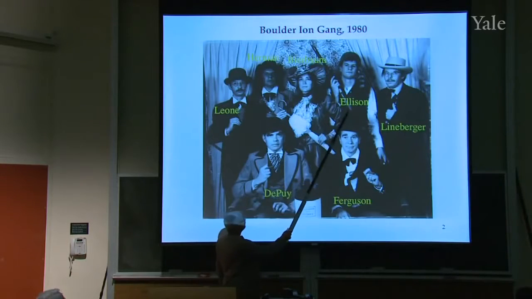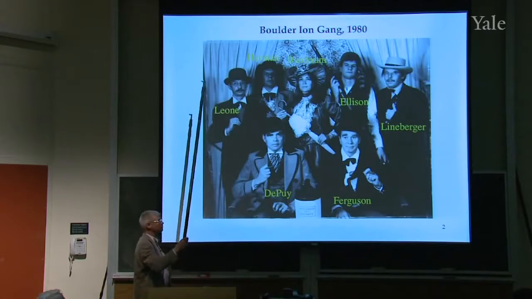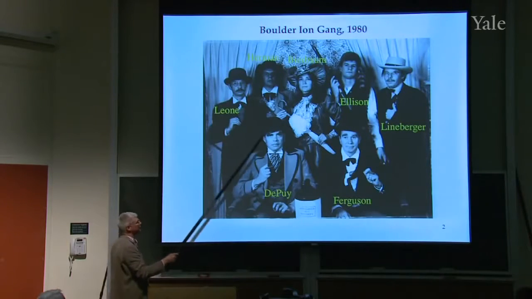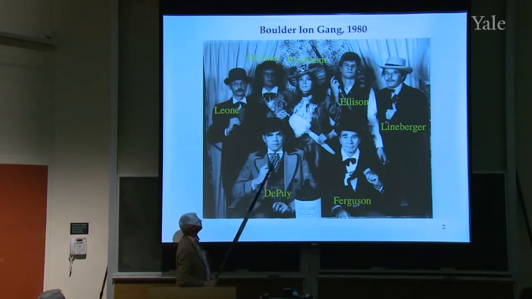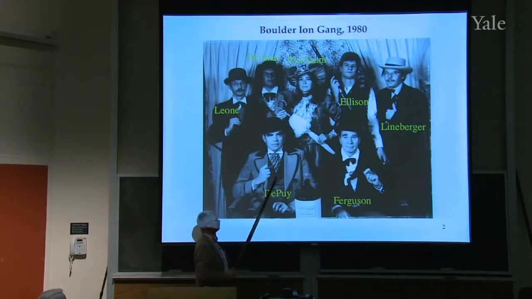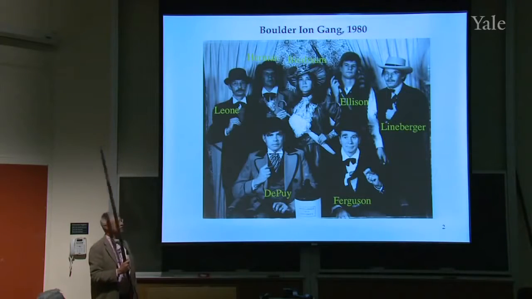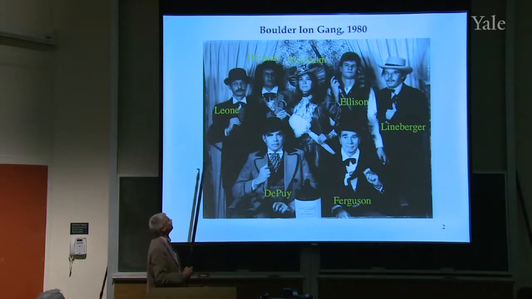So this is me. Carl Lineberger is the captain of the negative ions, the smartest guy in the world about doing negative ion spectroscopy. Chuck DePuy is a Yale PhD, a member of the National Academy of Sciences. He's an organic chemist in Boulder. Eldon Ferguson is the inventor of the flowing afterglow, at NOAA, the National Oceanic and Atmospheric Administration in Boulder.